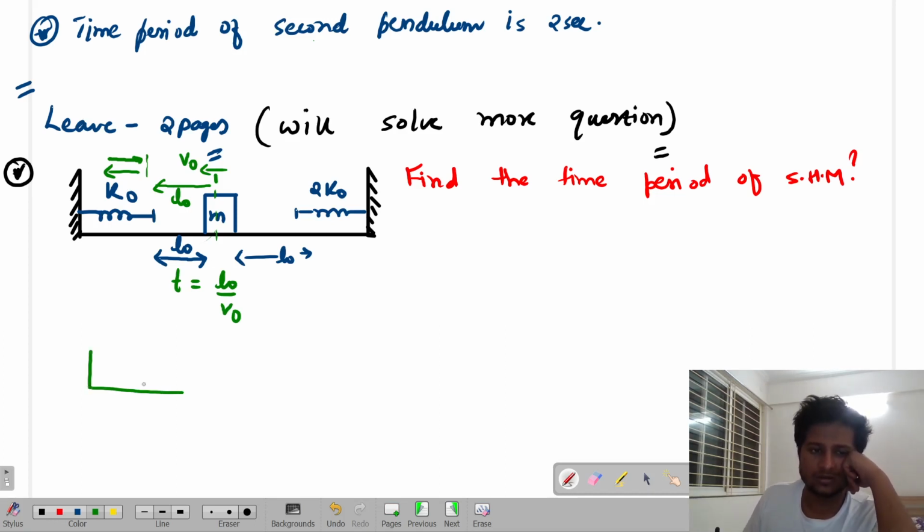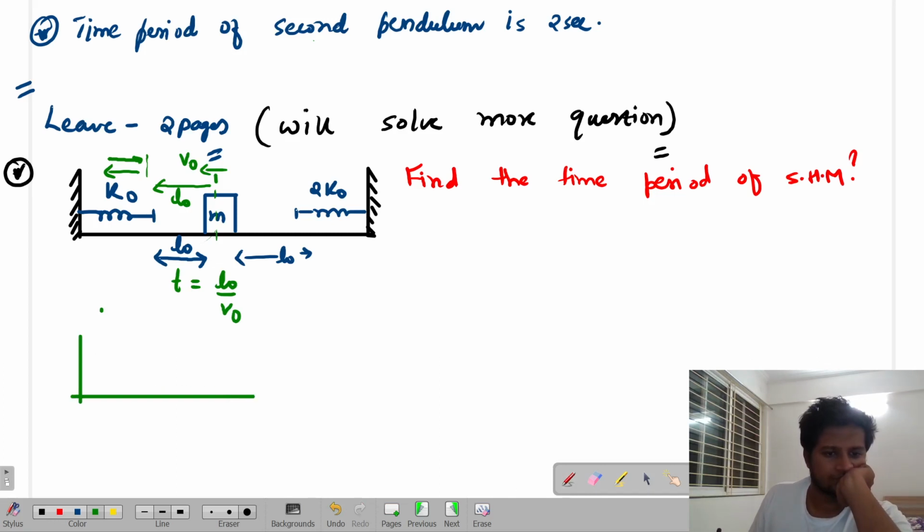Listen, this spring was at its natural length. Try to understand. This is my natural length. This gets compressed.